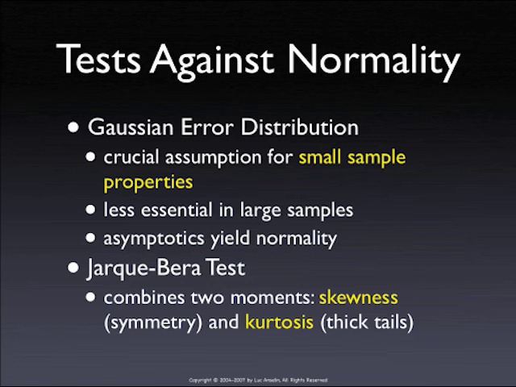Now, once you go to large sample inference, you don't need that anymore because you get it from your central limit theorems, and you can work with much less restrictive assumptions. For example, just an assumption of symmetry might be enough to get you the asymptotics. But sometimes it's even less than that. It's just the existence of first or second order moments, variance being finite, things like that will get you the limit properties depending on the complexity of the model. So that's a very different frame of mind.